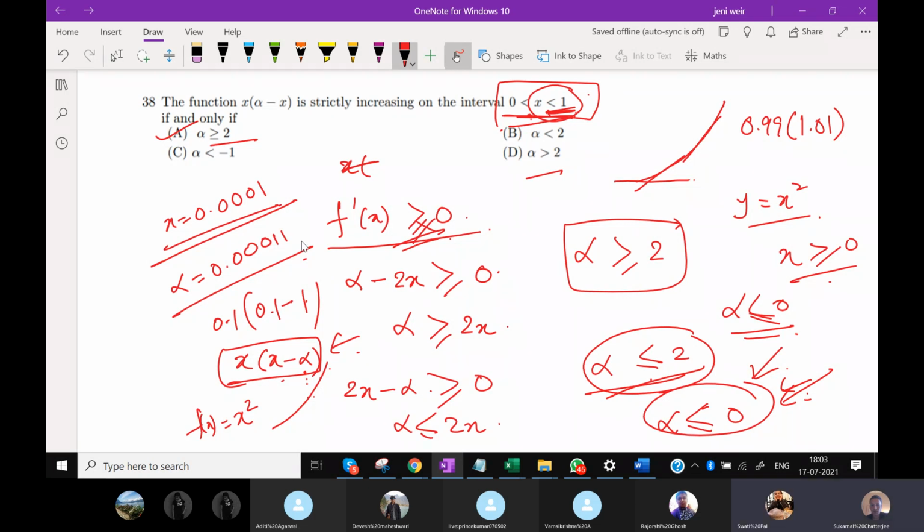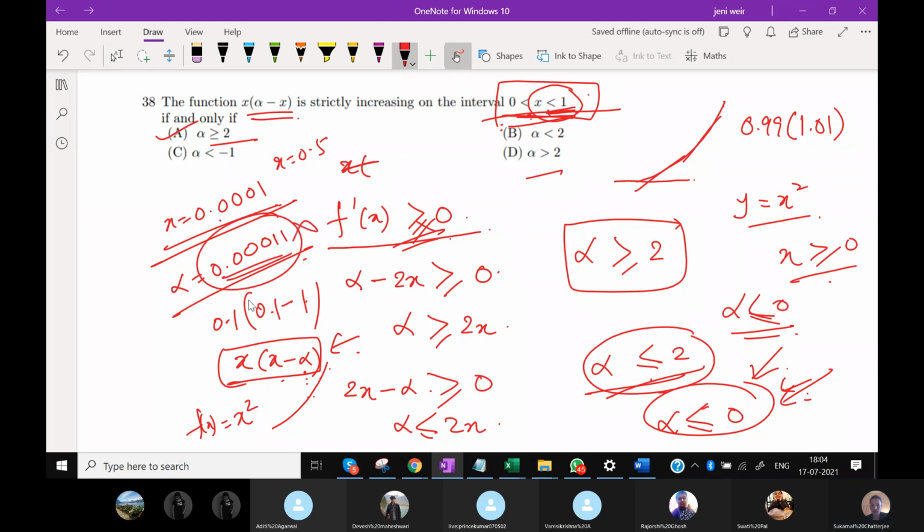Now, from this, you have to understand one concept. You have to consider this in the context of the domain. You just can't take one value and check. You have to check for the entire range. So here, alpha equal to this will work, but the moment x goes to 0.5, will this work?